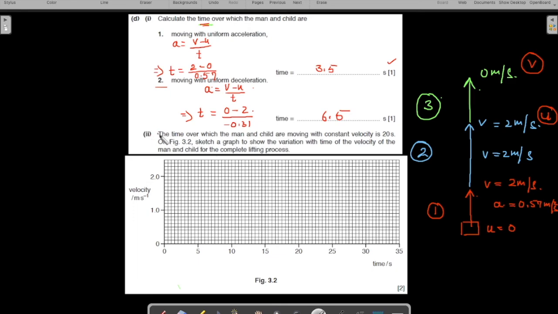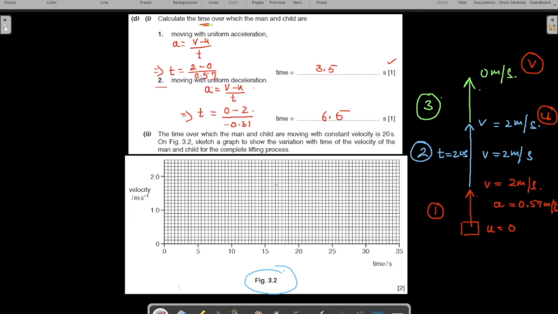Okay, last part. The time over which the man and the child are moving with constant velocity is 20 seconds. So let us write down the details. They travel at a constant velocity for 20 seconds. On this figure they are talking about, sketch a graph to show the variation with the time of the velocity of the man and the child for the complete lifting process.